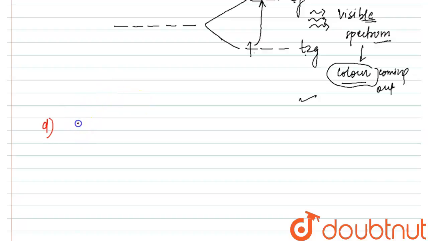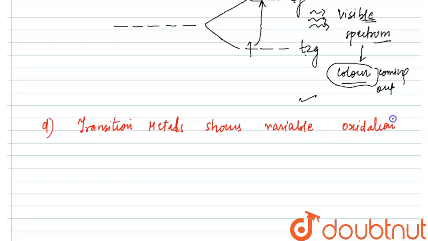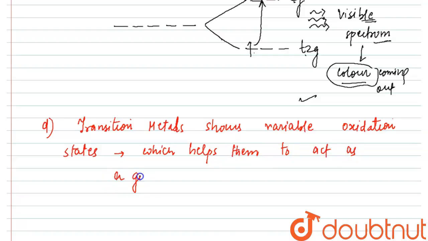Transition metals show variable oxidation states, which makes them eligible to act as good catalysts.